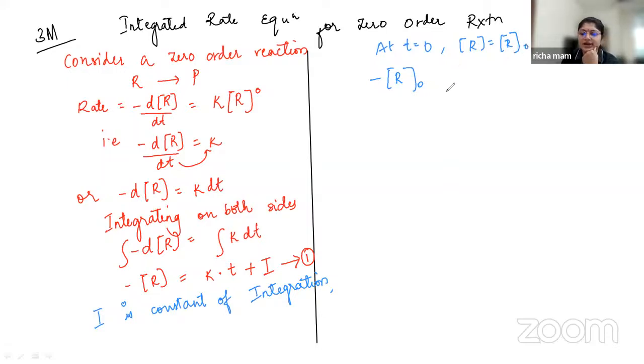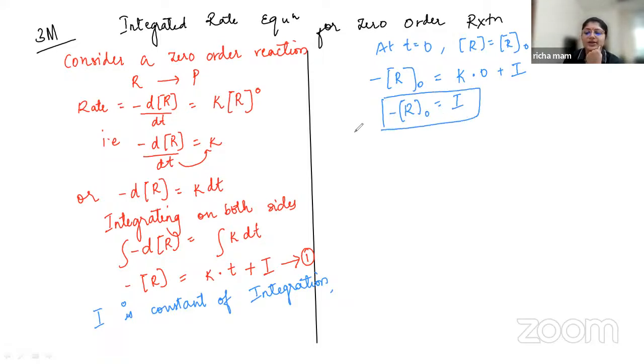Okay, minus R naught is equal to K into t, where t is equal to 0, plus I. So K into 0 will be 0. So minus R naught is equal to I. So this is the value of your integration constant.